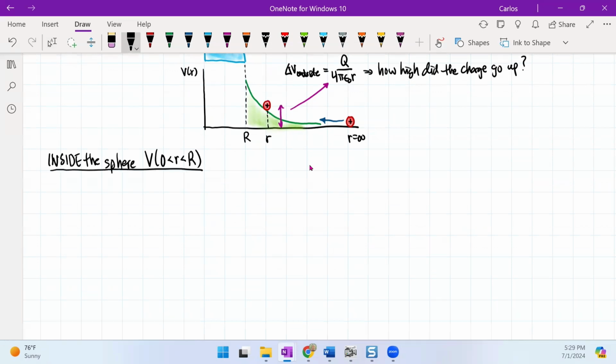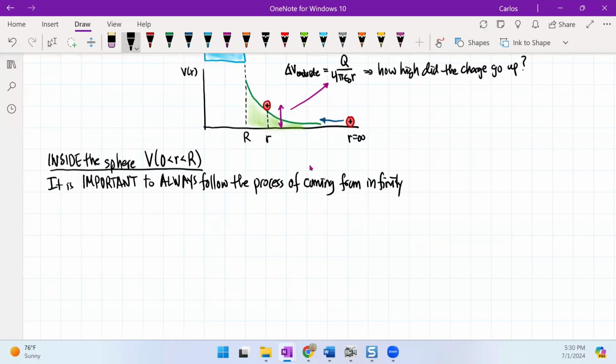Now, this is a really important point. It is important to always follow the process of coming from infinity to some point P. You can't just start at the surface because that's not the way we define the potential function.